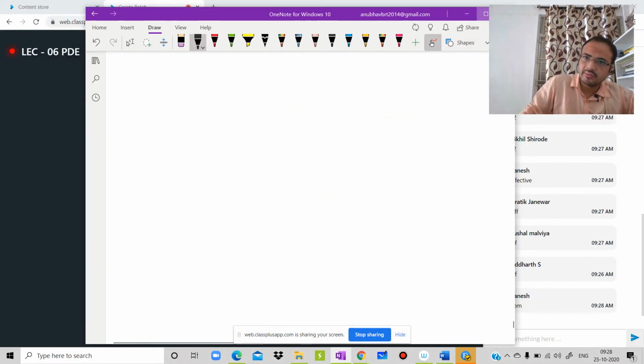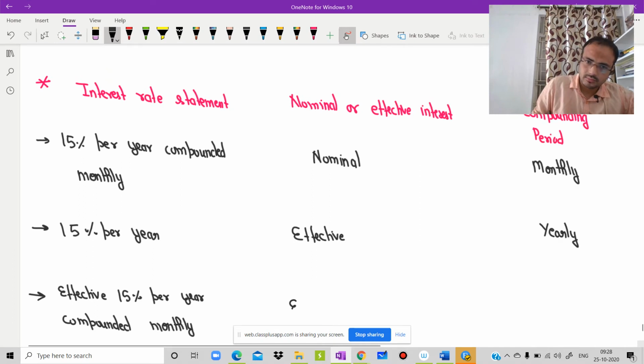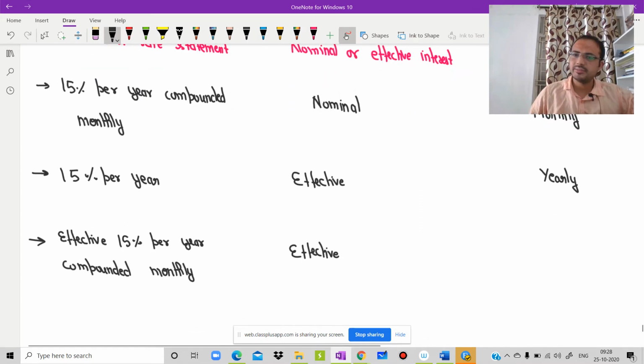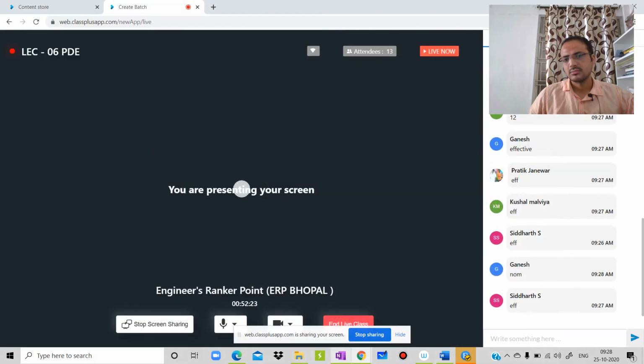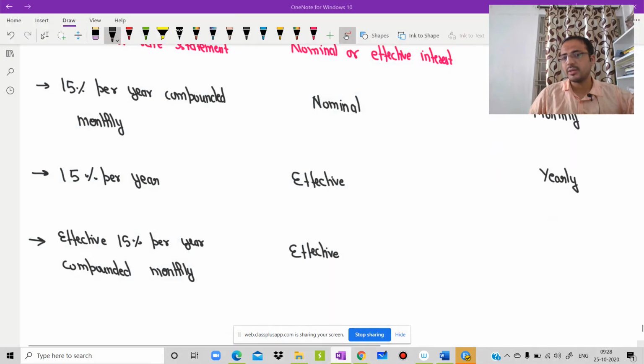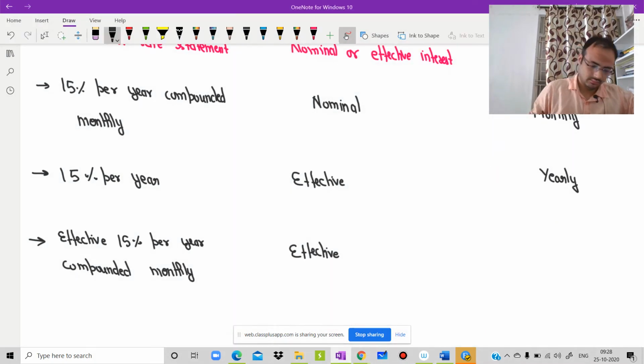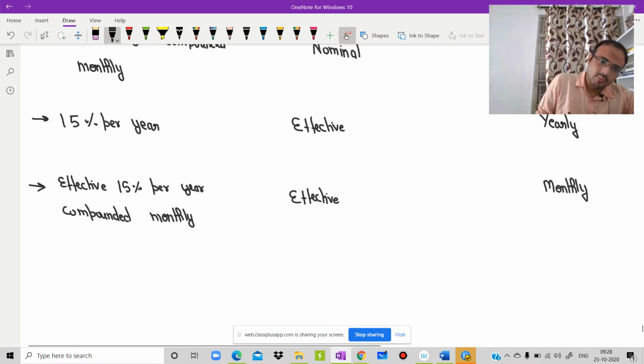Again, it is effective. What is the compounding period? Here, compounded monthly. Is it clear? One more example.